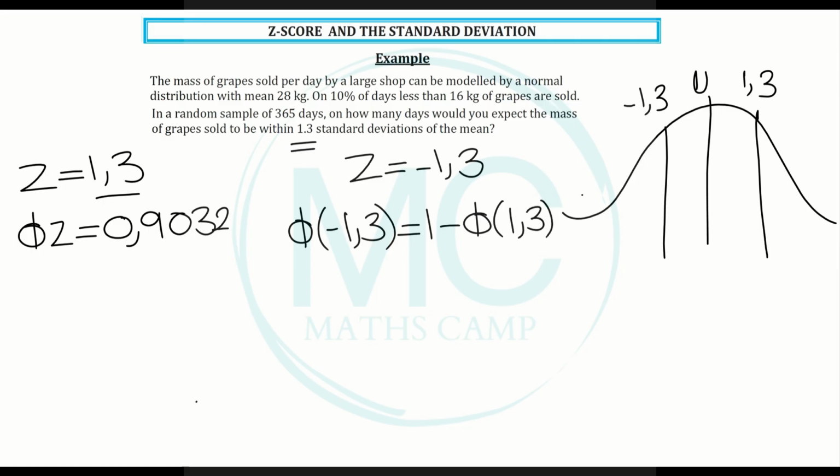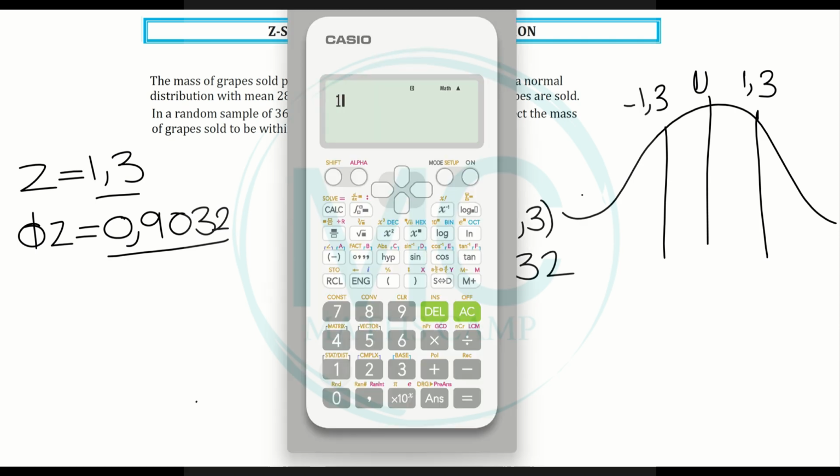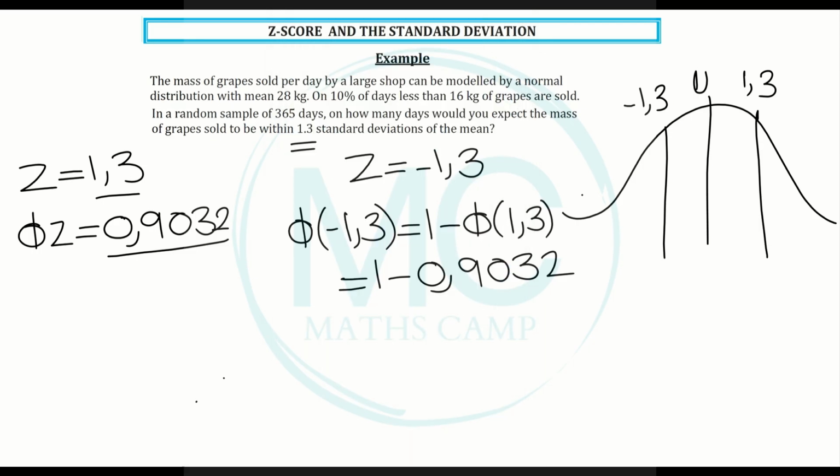I already know the probability that z is 1,3. So I can say 1 minus 0,9032. Take my calculator. 1 minus 0,9032 is equal to 0,0968.